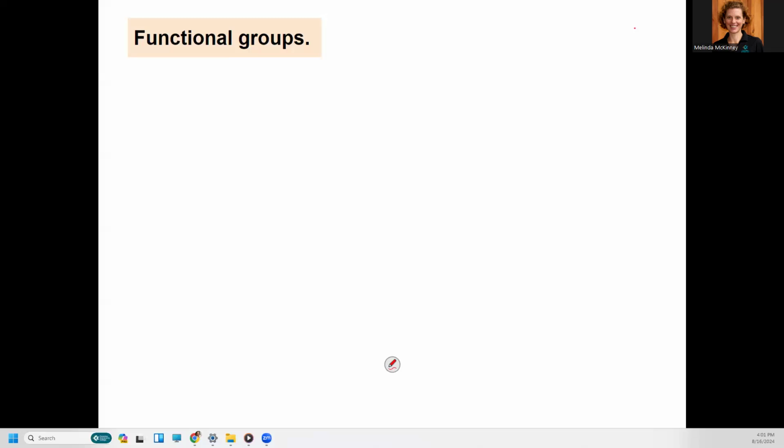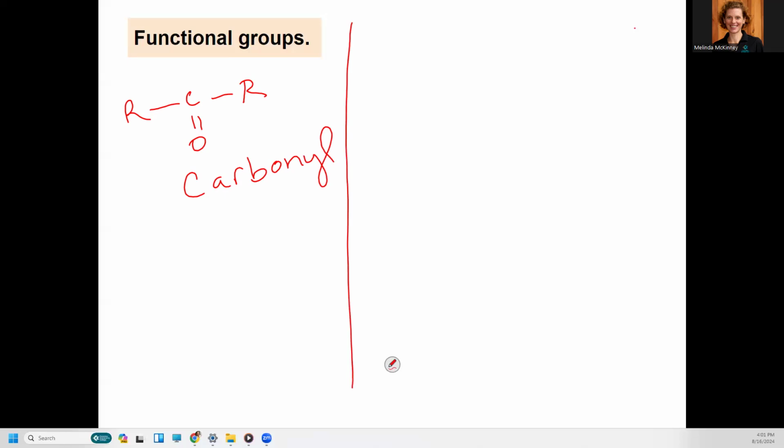So the previous one, I didn't write down the name. Let me just write that down really quick. So we've got R, C, R. So this one was R, carbonyl. It's carbonyl.